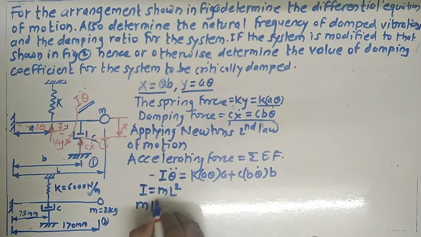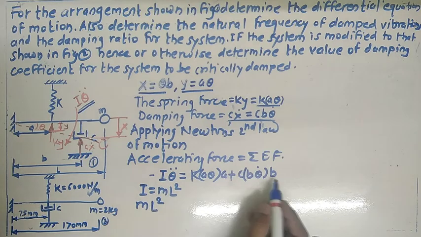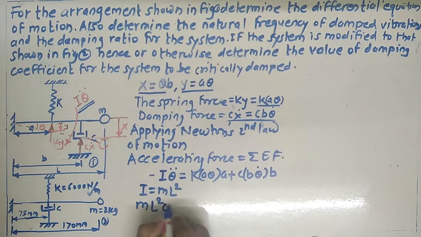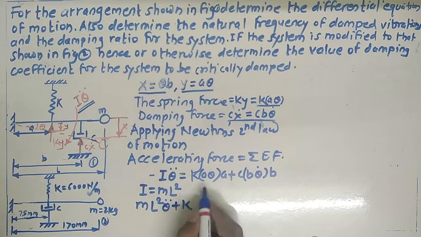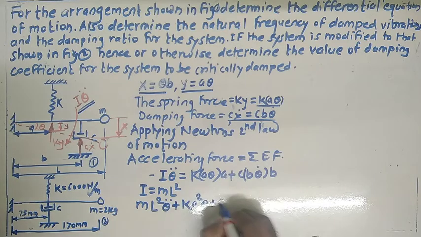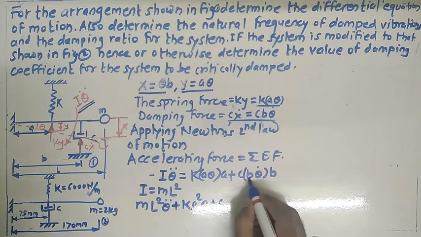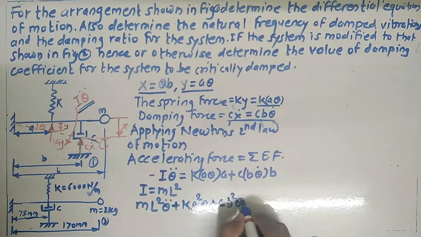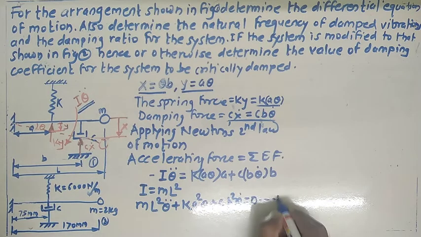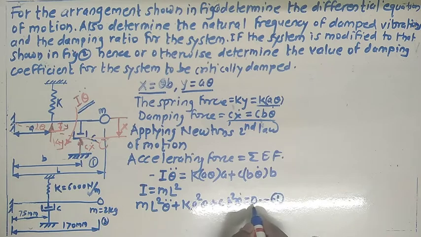Replace the I term by m l square and take all the terms to one side, so everything becomes positive: k a square into theta plus c b square into theta single dot equals 0, with the 0 on the right side. So what about the next one?